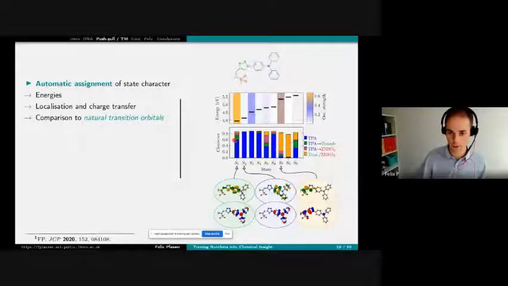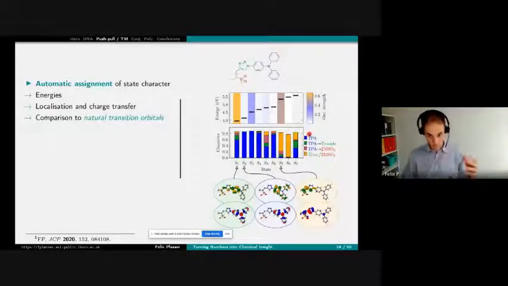This is shown in blue. Then we might have an excitation that starts on triphenylamine and goes into triazole. This is shown in green. And then we have different other contributions. For example, from here all the way down here, this is pink. Or just anything happening down here is orange.